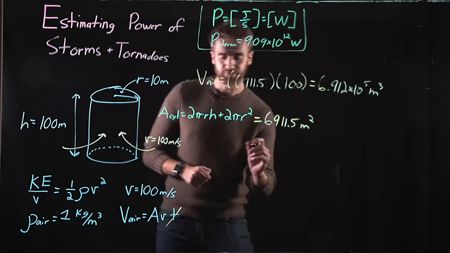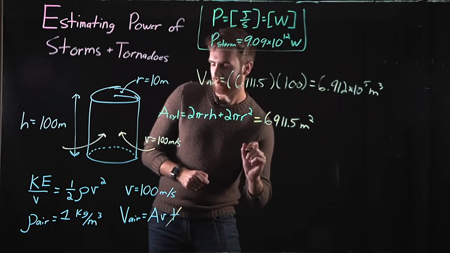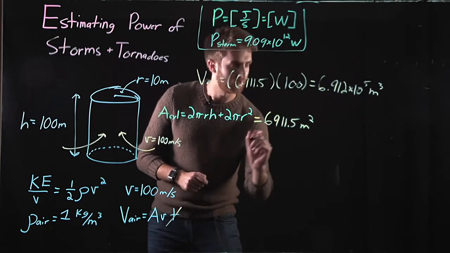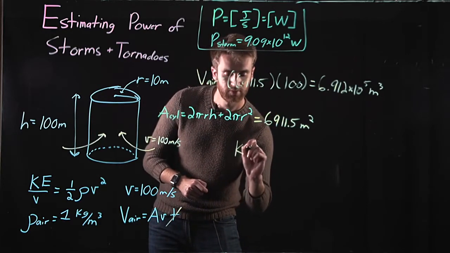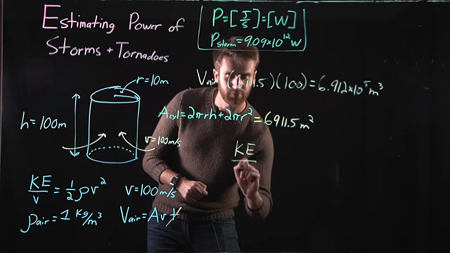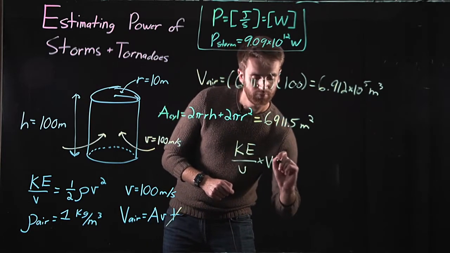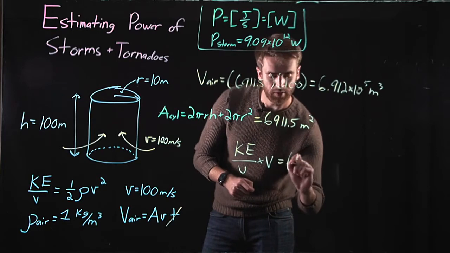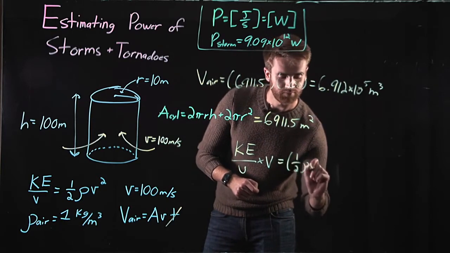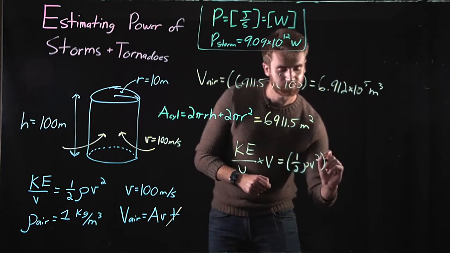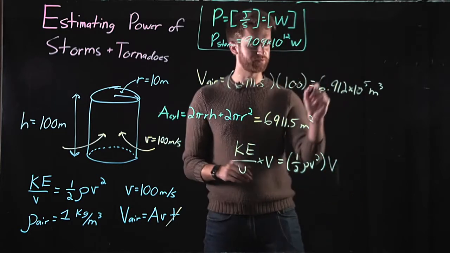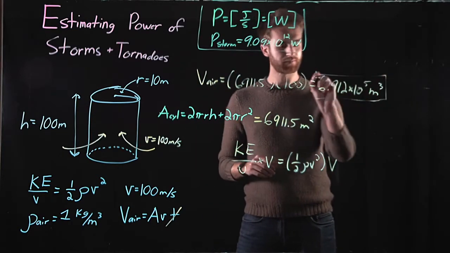So we can go ahead and just say that kinetic energy per unit volume times volume gives you 1/2 rho v squared times the volume of air, which we just calculated to be this.